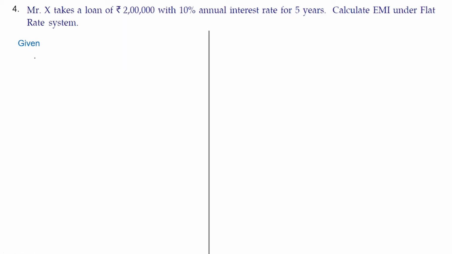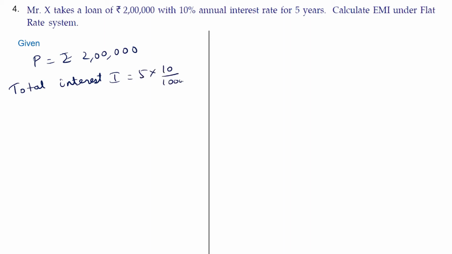So it is given P is rupees 2 lakhs. Next we have to find the total interest I. Interest for 1 year is 10% of 2 lakhs. Interest for 5 years will be 5 into 10% of 2 lakhs. So total interest I is equal to 5 into 10% of 2 lakhs.